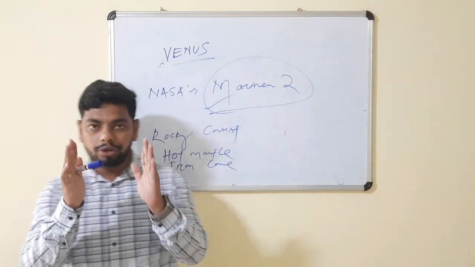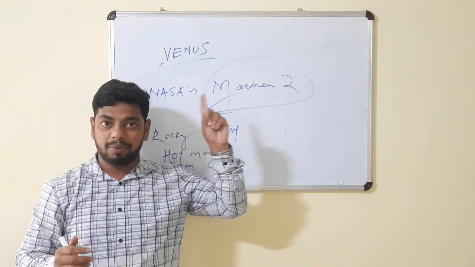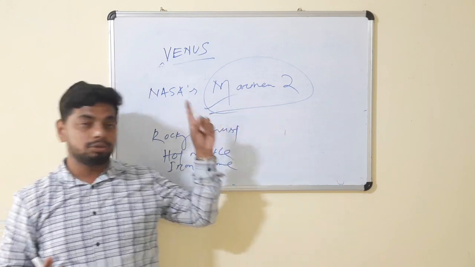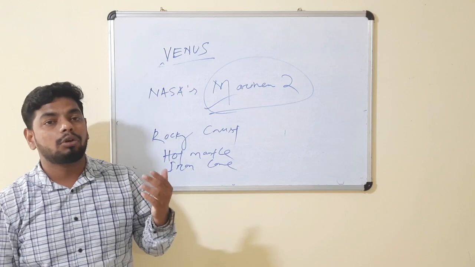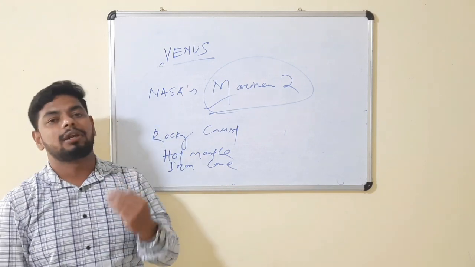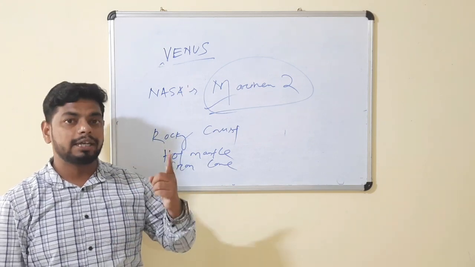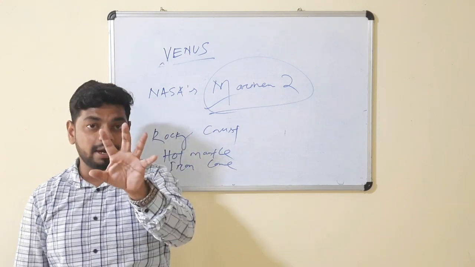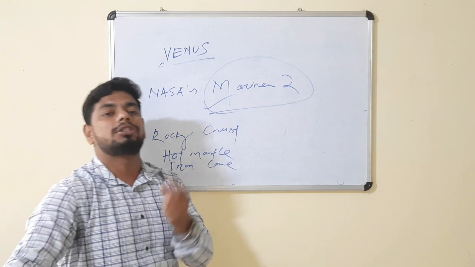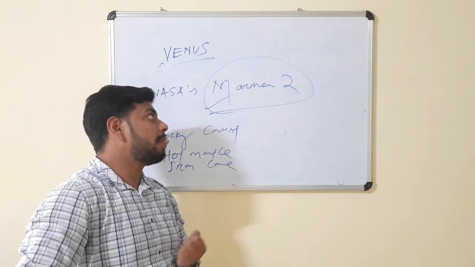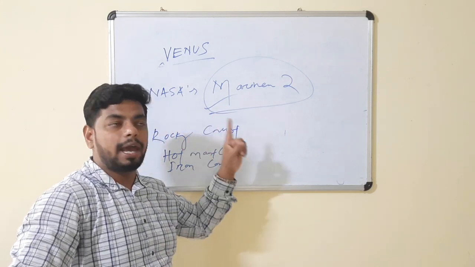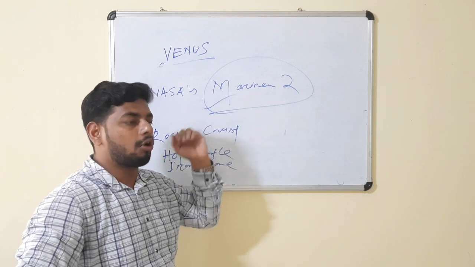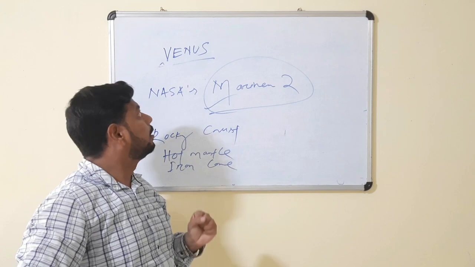So related to Venus, we understood it is the second planet, second closest to the Sun. In fact, it is also the second largest among the terrestrial planets. It rotates very slowly, taking about 243 days. It is the only planet whose rotation period is longer than its revolution period. It rotates east to west, clockwise, or retrograde.